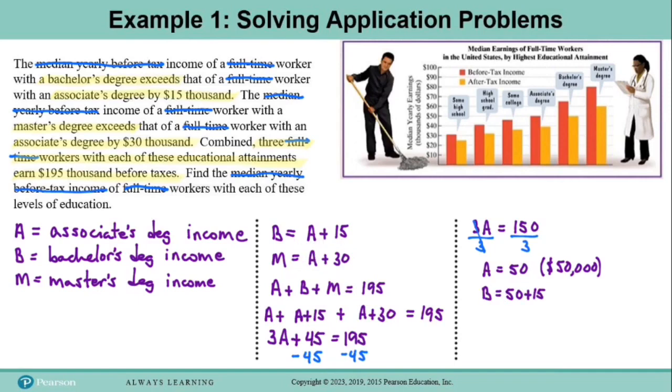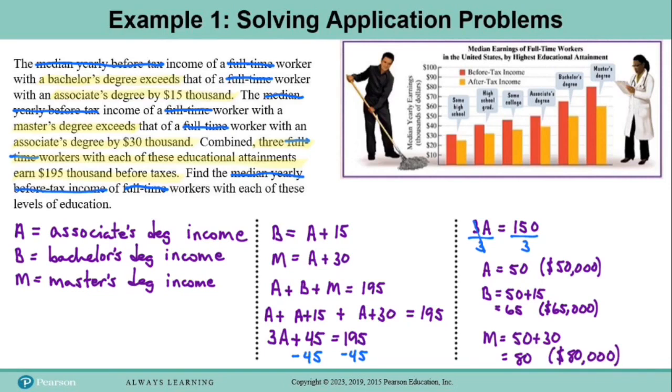So B is 50 plus 15, so that's going to be 65. So of course that represents 65,000. And the same thing for the master's degree worker. M equals A plus 30 becomes M equals 50 plus 30, so that's 80, and that represents $80,000.